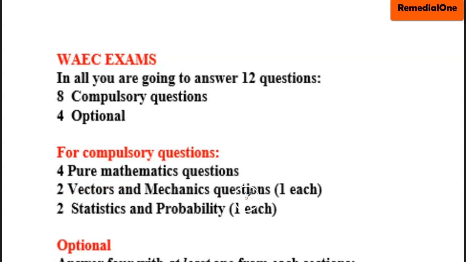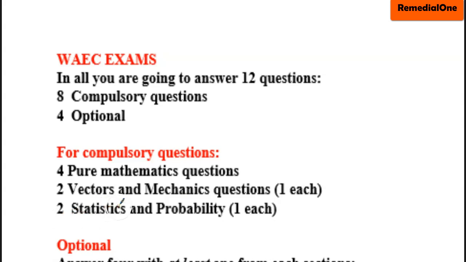Then for vectors and mechanics, you have 2. So this is how it is distributed. 1 vector question and then 1 mechanics question. So the vectors, that is evaluation, simplification, dot product, and so on and so forth. That's one section. And then mechanics, it could be dynamics or statics.